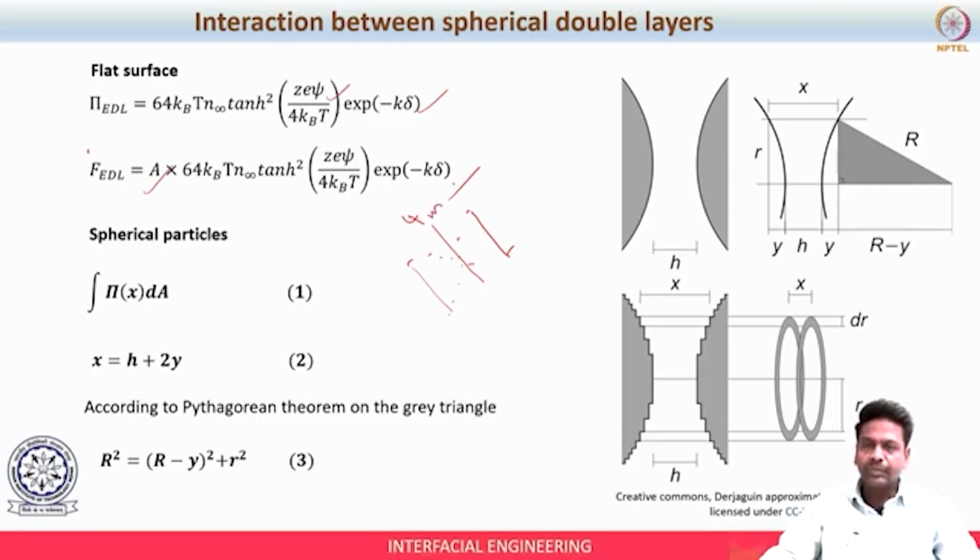We used the principle of superposition to understand psi m. So psi m is nothing but the sum total of psi 1 and psi 2, the potentials acting from plate 1 and plate 2. This principle we used, and then we obtained this equation.